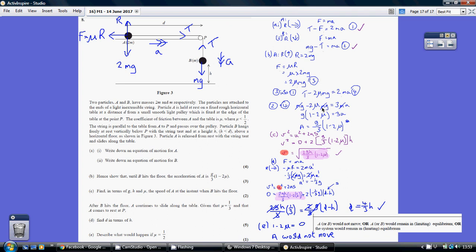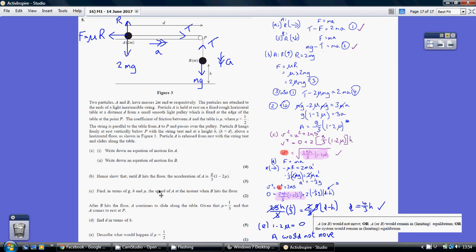Now because m is common to all three terms, I can divide through by m, and then factorizing I get this, and dividing through by 3 I've shown that acceleration equals g over 3 multiplied by (1 minus 2 mu).